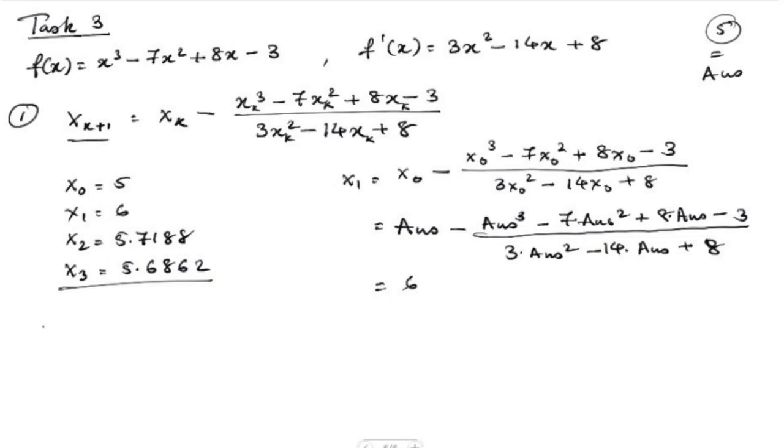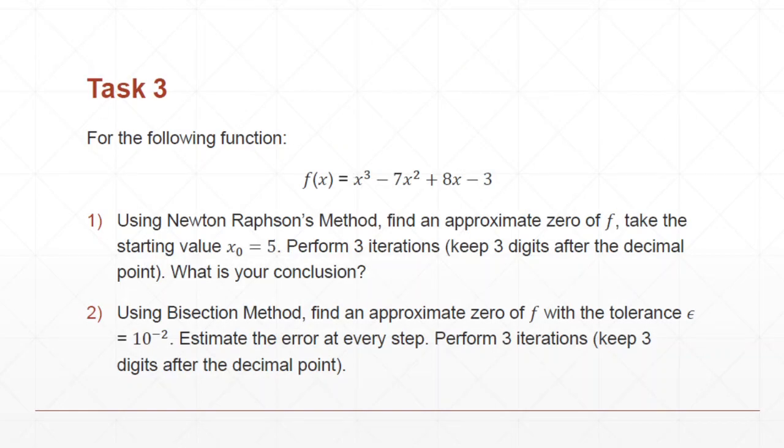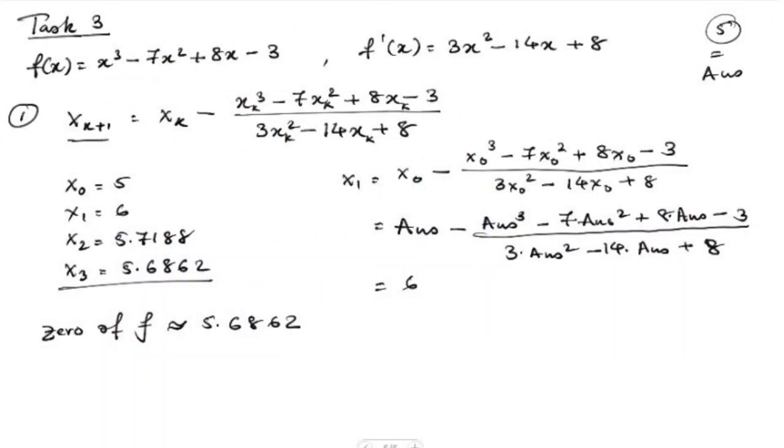Therefore we'll say the zero of the function f given to us is approximately 5.6862. Okay, I think we were supposed to do it to 3 decimal places, right? Yes. So in that case, 3 decimal places would be 5.719, okay, that's correct.